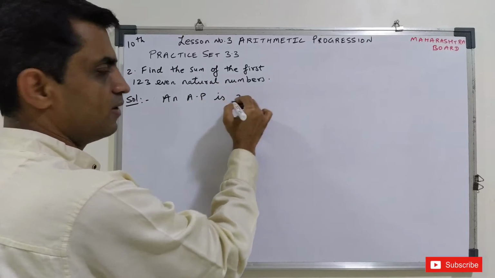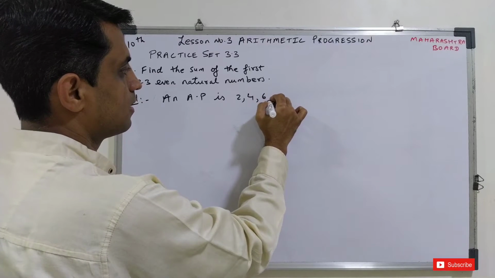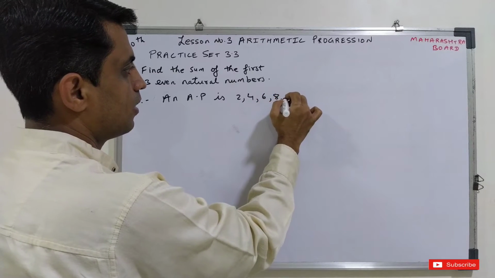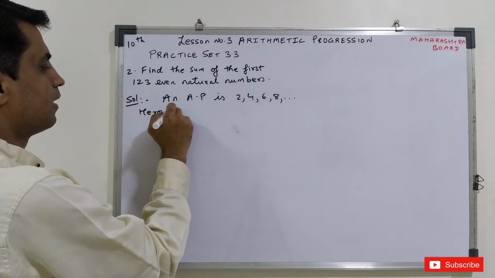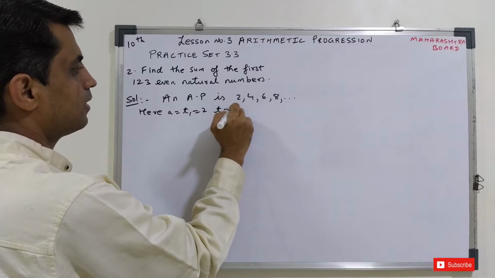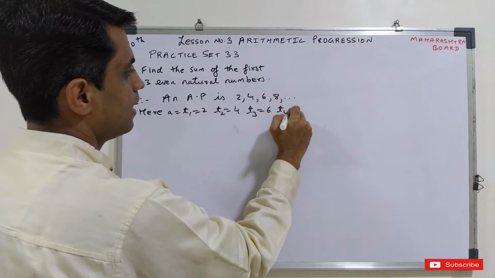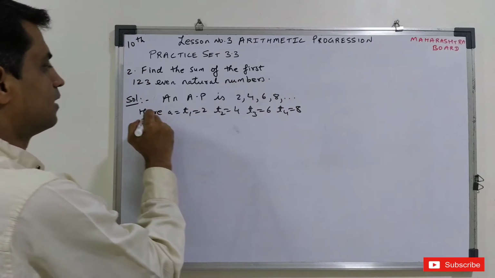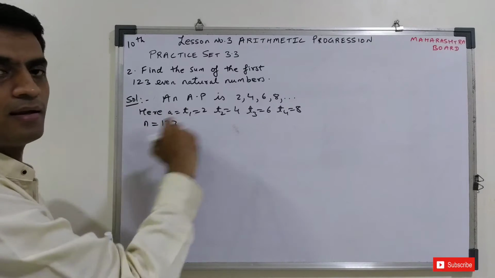First number will be 2, even number, 2, 4, 6, 8, and so on. So here a, that is T1, is 2, T2 is 4, T3 is 6 and T4 is 8. And our n here is 123.